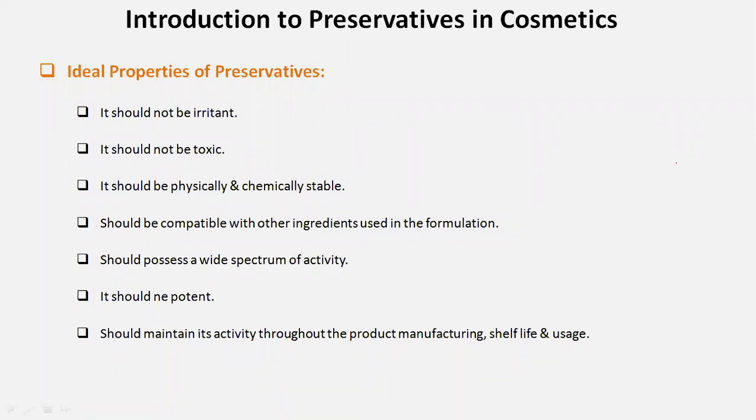Now let us continue the introduction to preservatives in cosmetics. We need to discuss ideal properties of preservatives. So in order to use in cosmetic products, preservatives should have some ideal properties that include: it should not be irritant, preservative should not be toxic, it should be physically and chemically stable. It should be compatible with other ingredients used in the formulation.